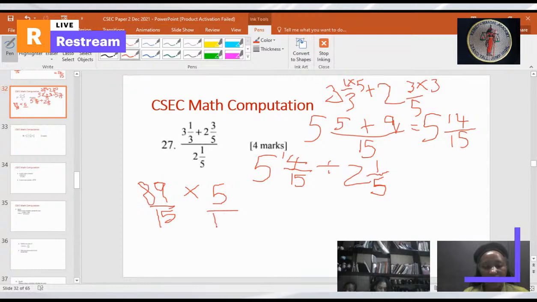5 over 11. All right, so can anything be reduced there? What can be reduced? 5 and 15. So 5 can go into itself once, and 5 into 15, 3 times.